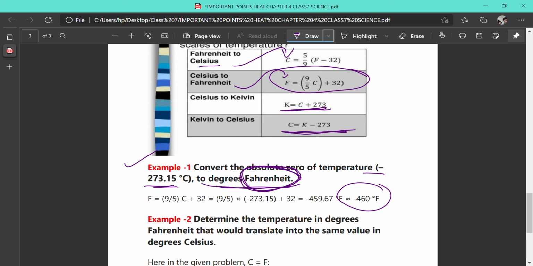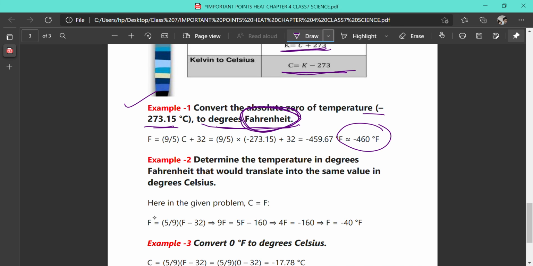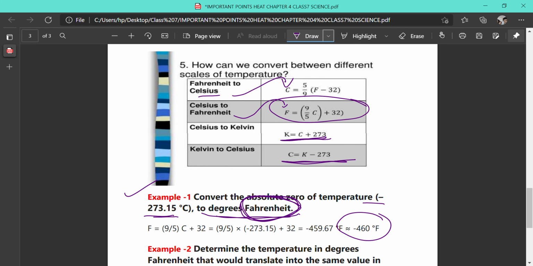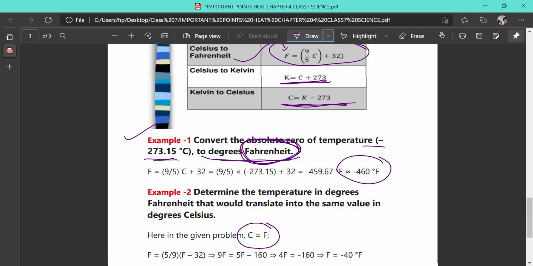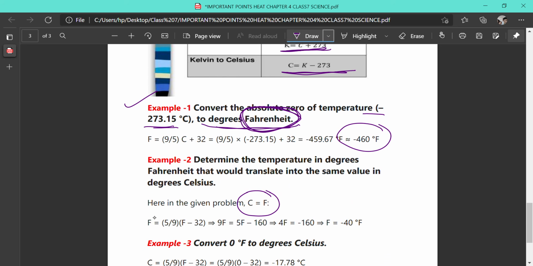The condition is C equals F. We can take either formula: C equals 5/9 into (F minus 32), replacing C by F, or F equals 9/5 into C plus 32, replacing C by F. By solving we will get minus 40 degree Fahrenheit.